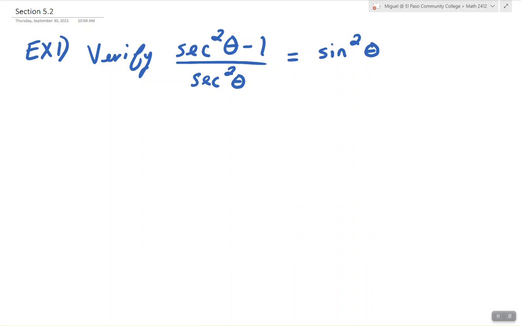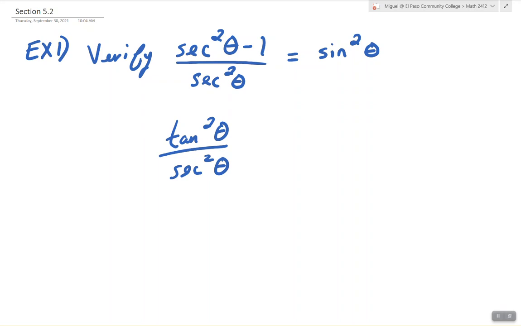In this case, we would say, okay, secant squared minus 1 is actually equal to tangent squared from the Pythagorean identities. So I'm going to change this to tangent squared on the top, and I'm going to rewrite my secant squared under that. Then secant squared is actually the reciprocal of cosine squared.